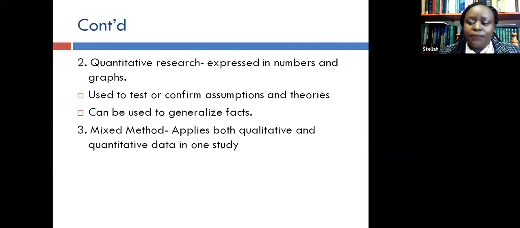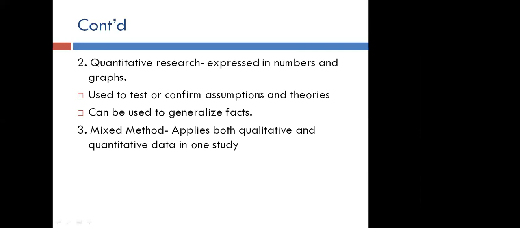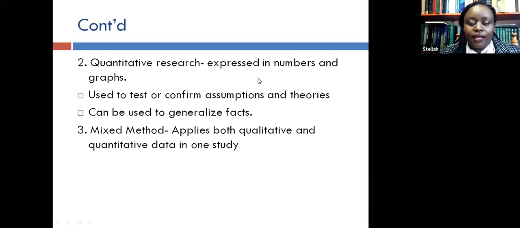Normally, quantitative research is one of the most common that people use, but in some disciplines, things like counseling and psychology, some people tend to find qualitative more common, because you tend to express the facts in a factual manner, not in terms of numbers. But a very common method coming up in the academic field today is mixed method, whereby most people choose to apply both qualitative and quantitative.